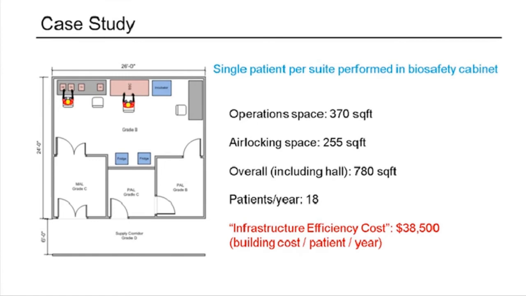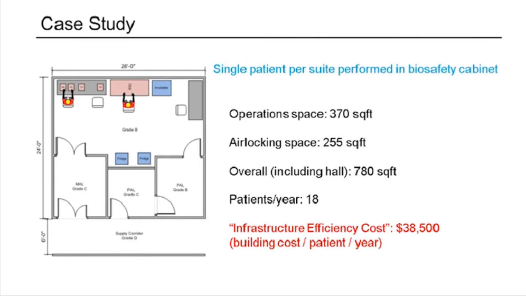and then with a process cycle time of somewhere in the range of 19 to 20 days potentially, accommodating things like your process setup, your operations itself, and then your cleanup. You might only get roughly 18 patients a year coming through this suite.